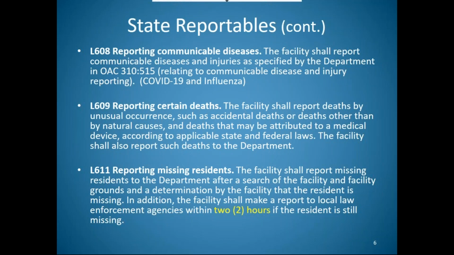The facility shall report missing residents to the department after a search at the facility and the facility grounds, and it's determined by the facility that the resident is missing, then a report needs to be filed. This also goes on to say that if you find that the resident is still missing in 2 hours, then you need to notify the local law enforcement agencies to get involved in the investigation and trying to find out where the resident is at.